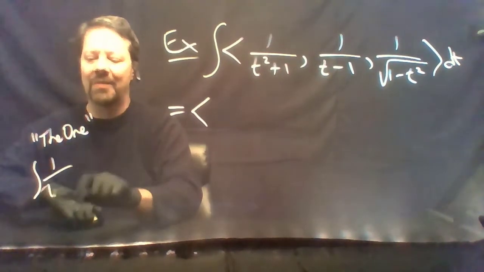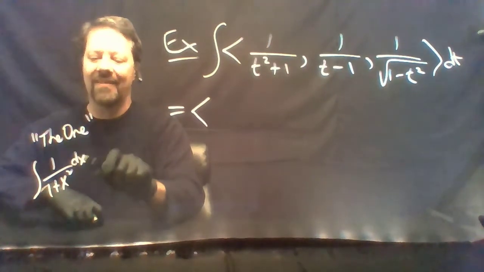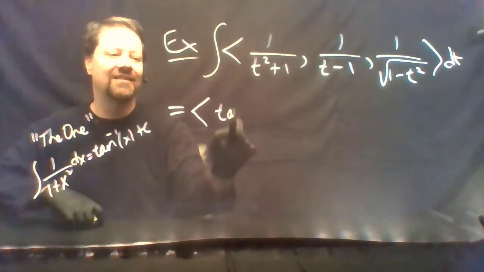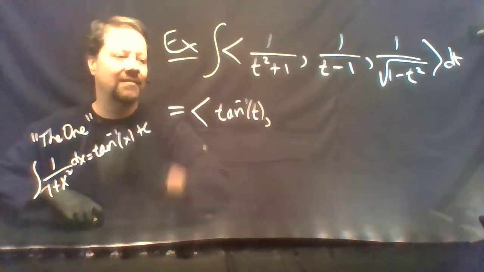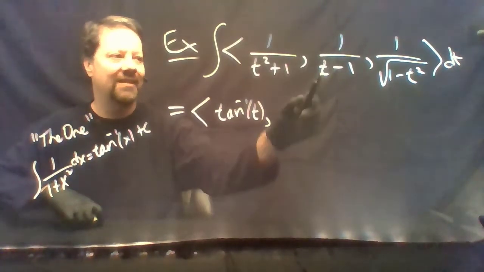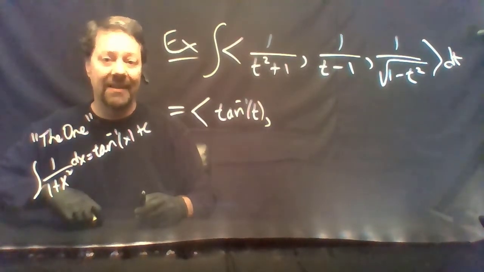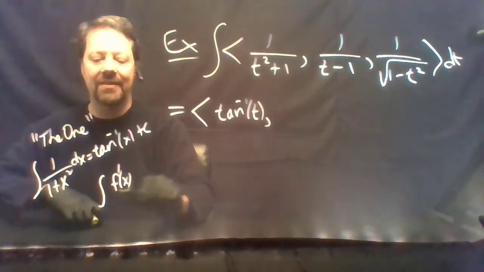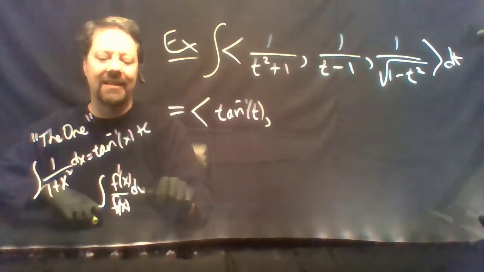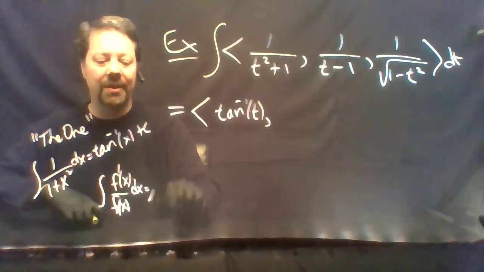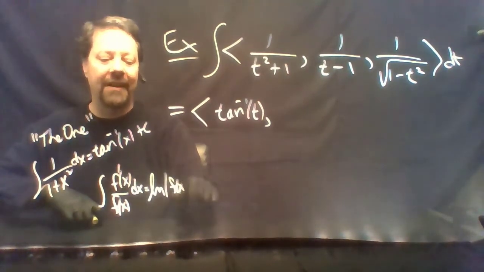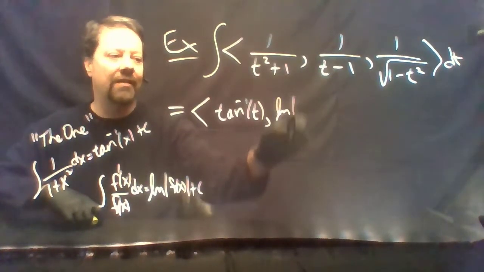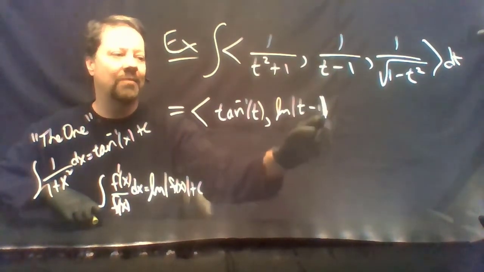If you're integrating 1 over 1 plus x squared, that is the inverse tangent of x plus c. On the next term, the derivative of the bottom is equal to the top. Whenever I integrate f prime of x over f of x dx, by u substitution, I get log absolute value of f of x plus c. This is in that form. I'll get the log of the absolute value of t minus 1 plus a constant.